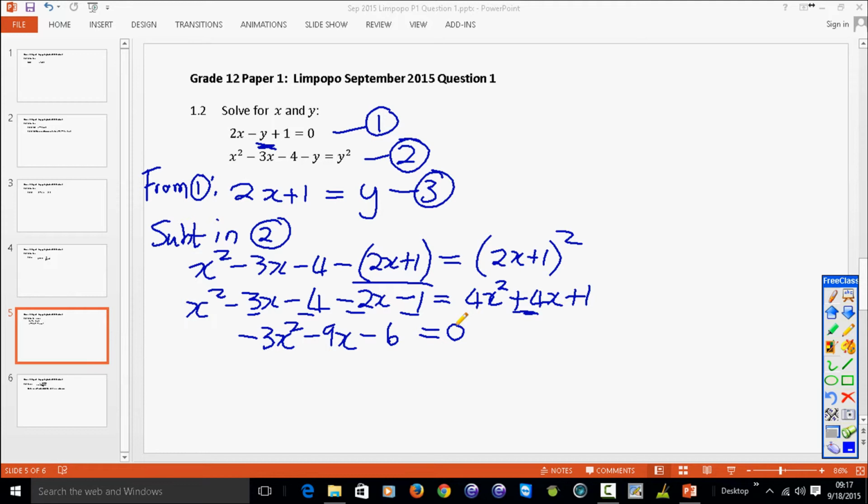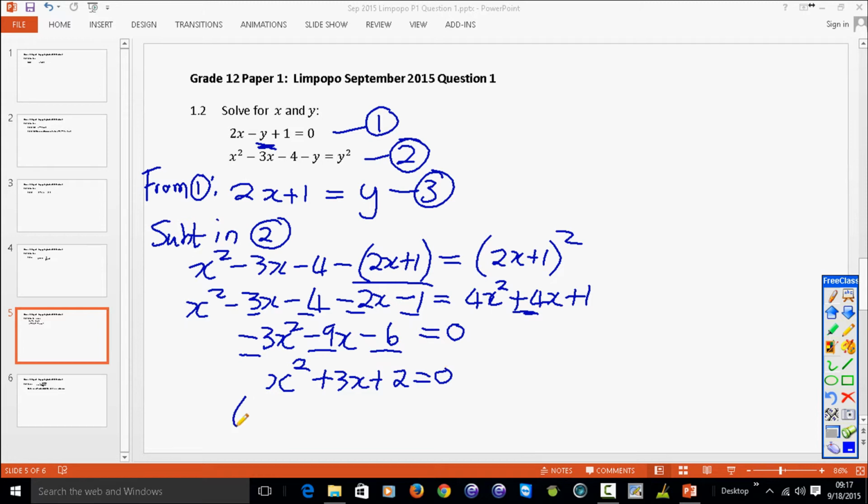Now, we are so fortunate that negative 3 is a common factor, so we can divide everything by negative 3, leaving us with a nice quadratic equation: x squared plus 3x plus 2 is equal to 0.